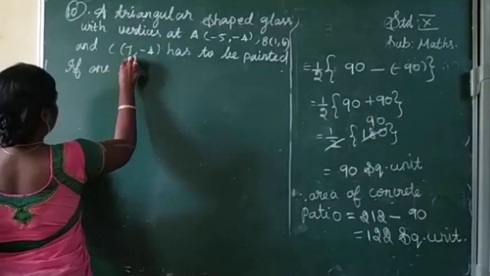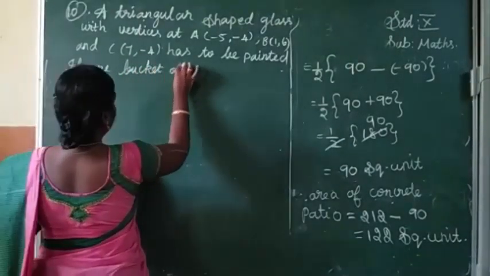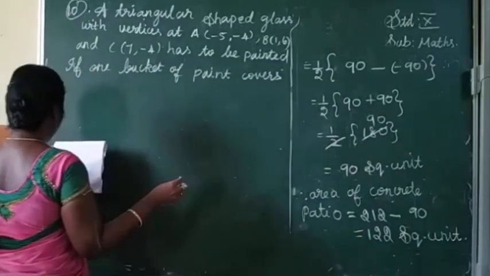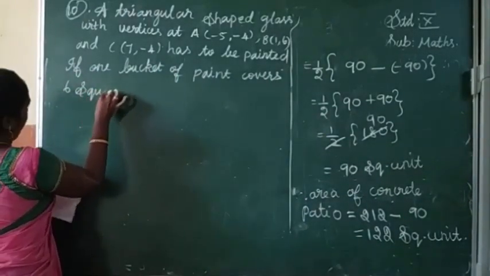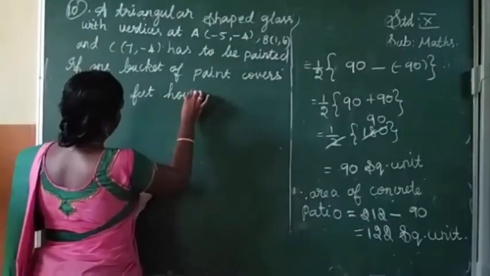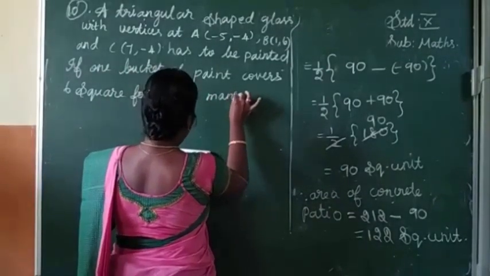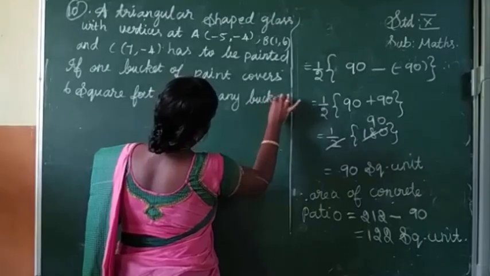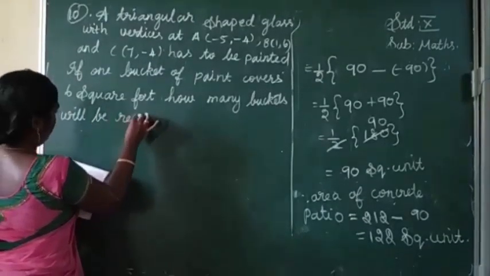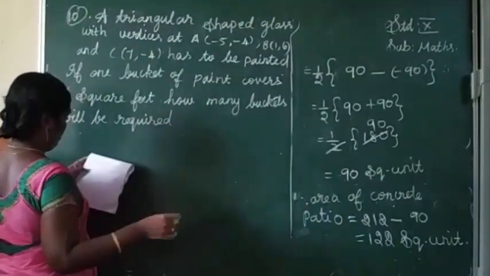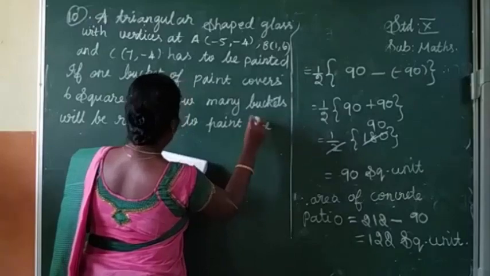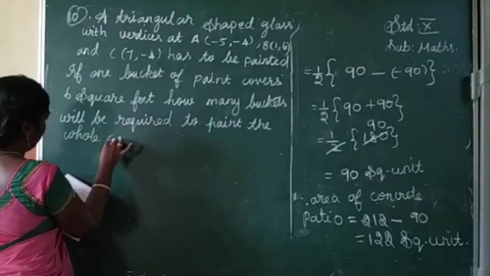If one bucket of paint covers 6 square feet, how many buckets will be required to paint the whole glass?